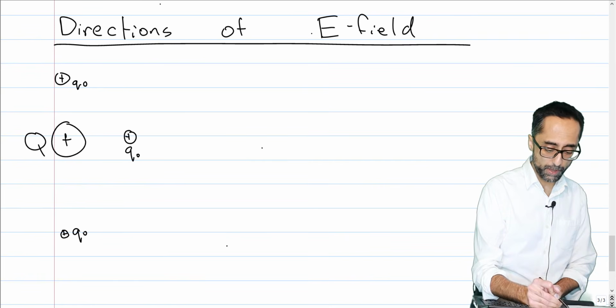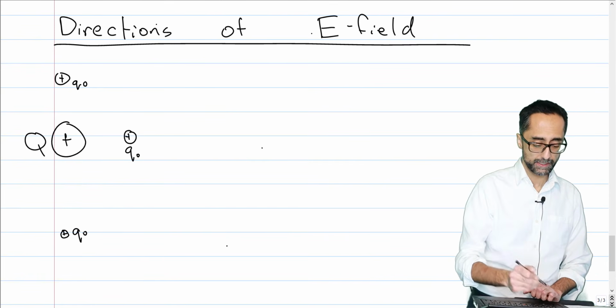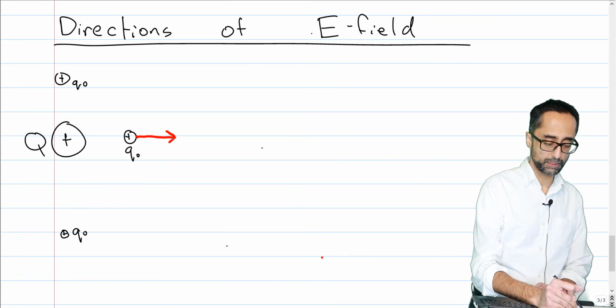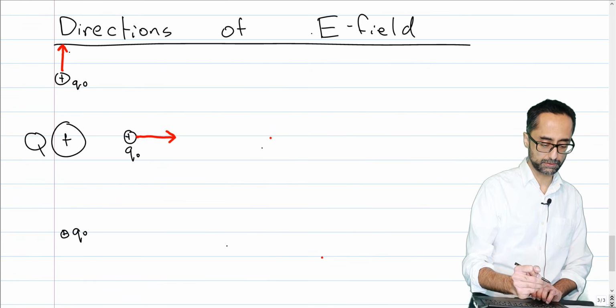Well, since they're all positive, the reaction on our Q naught is that it's repulsed. It feels a force in this direction. This one feels a force in that direction.